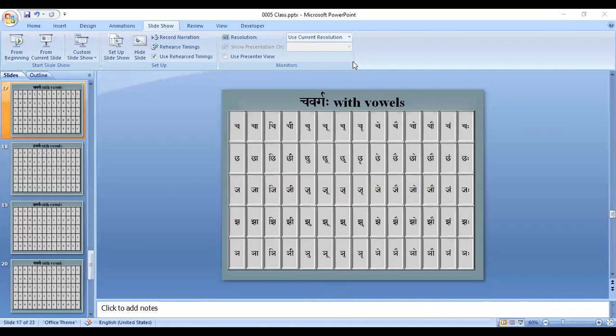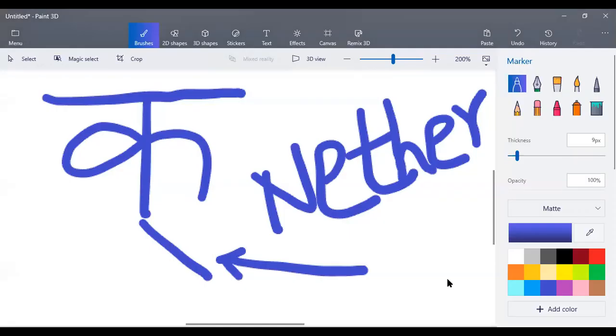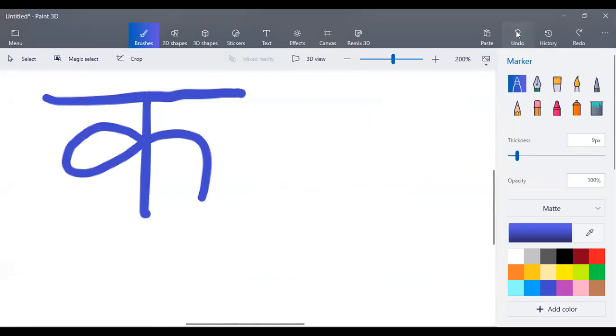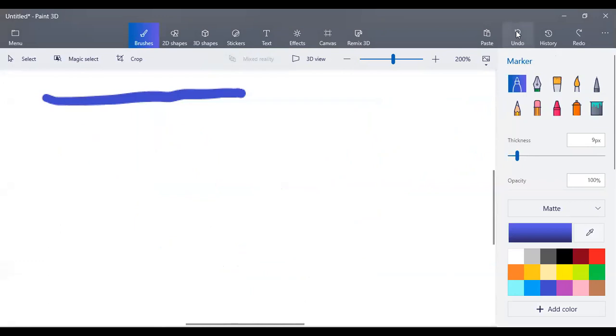But before that, I'll tell you something which is important. I'm showing you the paint screen. You can see now. Now you know the vowel signs and the consonant-vowel combination.